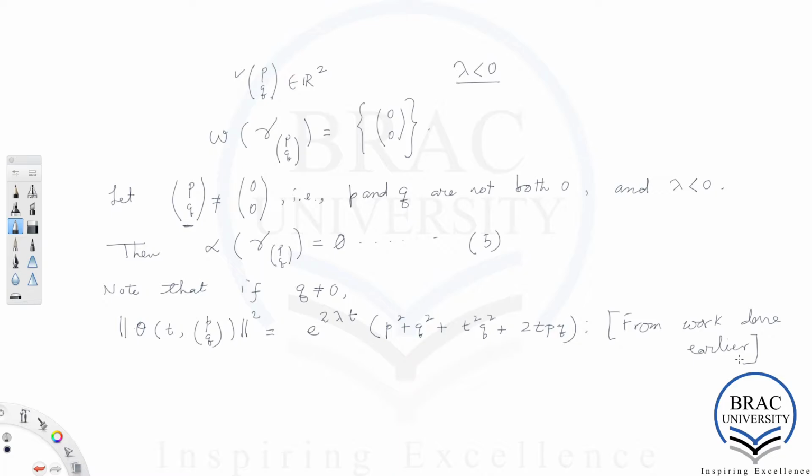So now, let me rearrange this expression a bit to make it look like q square plus p square plus 2ptq plus t square q square, which in turn can be written down as q square plus p plus tq whole square.